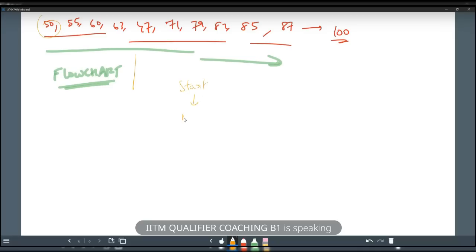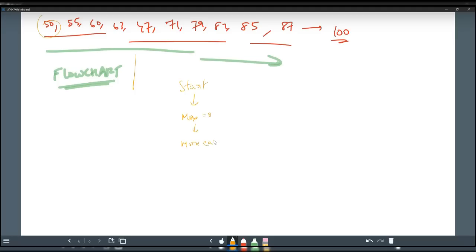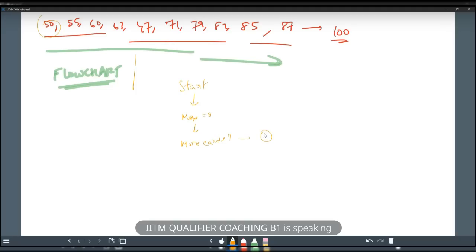Start, max is equal to 0, and then more cards, and this is for exit and this is for start, and this branch goes for yes and this branch goes for no. You must be very clear on that. I'm not drawing the symbols because it would be cumbersome, so I'm just giving you the steps here, noting them down.